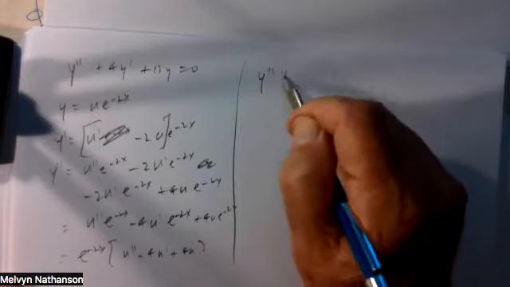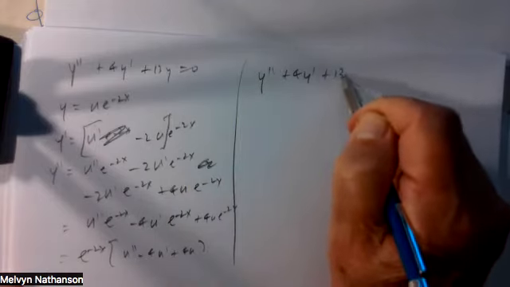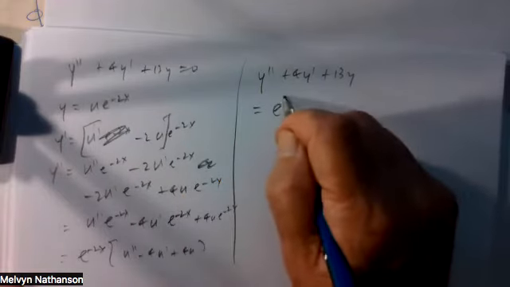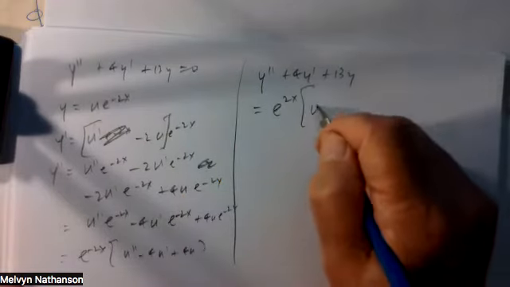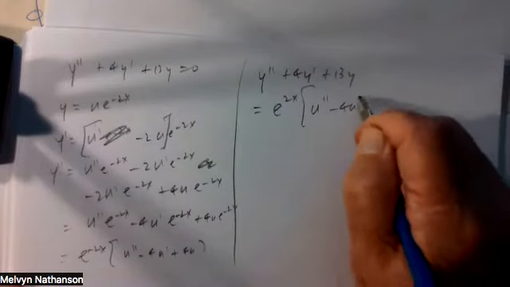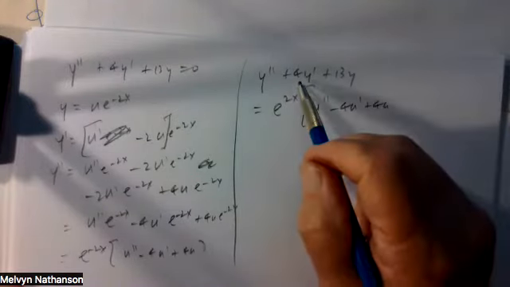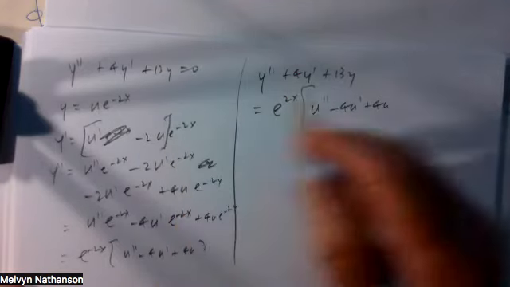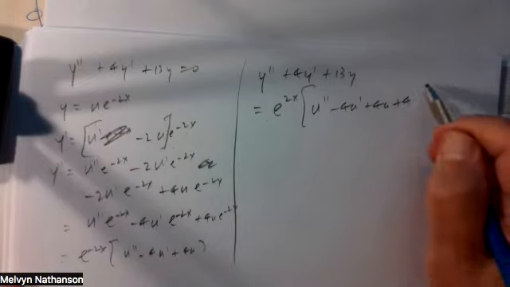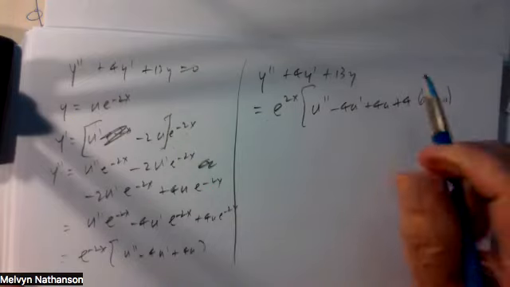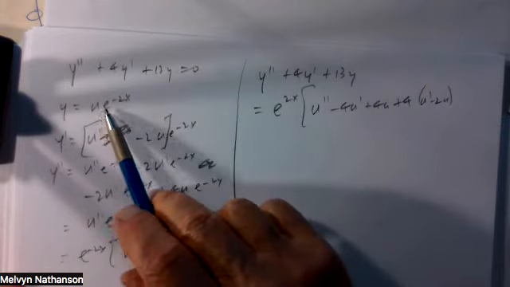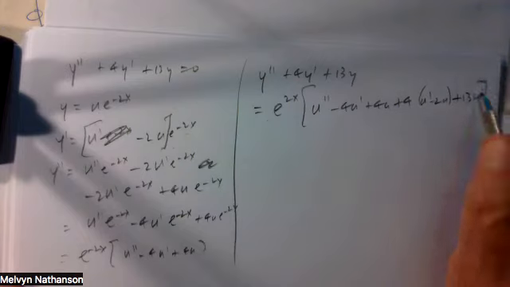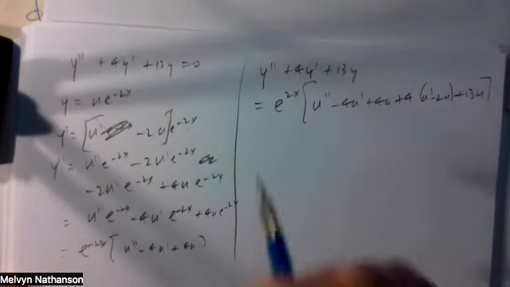So y double prime plus 4y prime plus 13y equals e to the minus 2x times u double prime minus 4u prime plus 4u, plus 4 times u prime minus 2u, plus 13u.